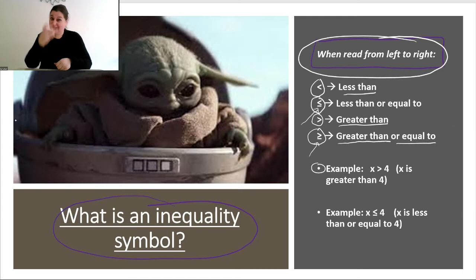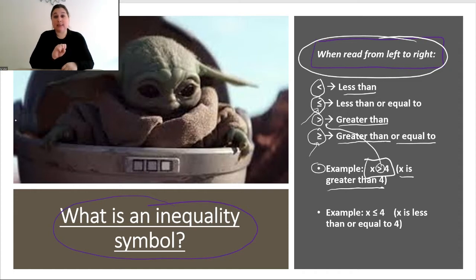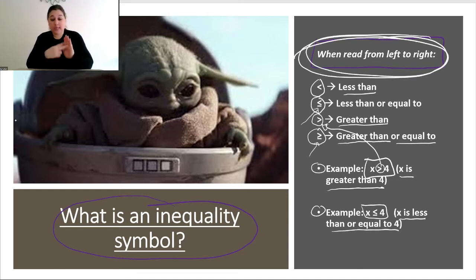For example, if I have this, how I should say it is x is greater than 4 because this is the greater than symbol. If I have this one, I should read it like x is less than or equal to 4. Okay, we read it from left to right.